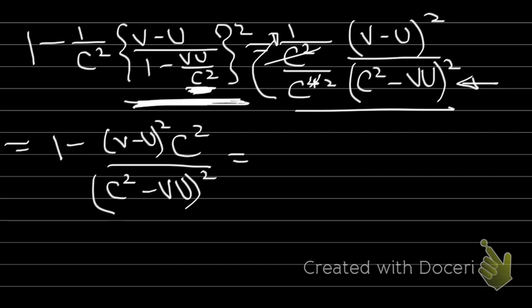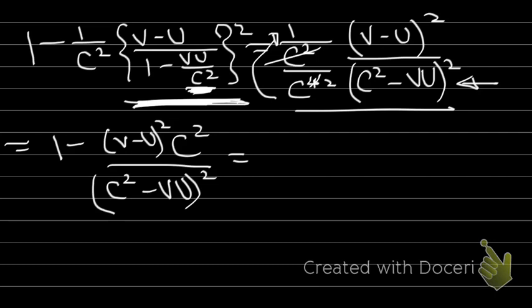This c squared will cancel with the c to the 4 and make it c squared, and this will then go upstairs. That's pretty obvious. So we are just doing some silly mathematics right now, and eventually at the end of this lecture you will see what I think is the most beautiful result of nature, right?